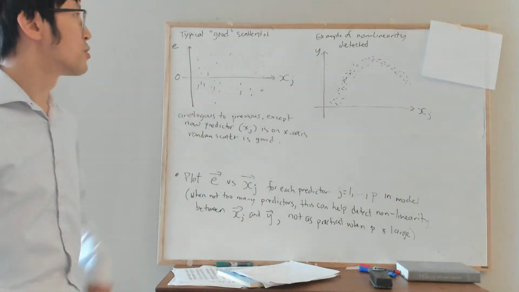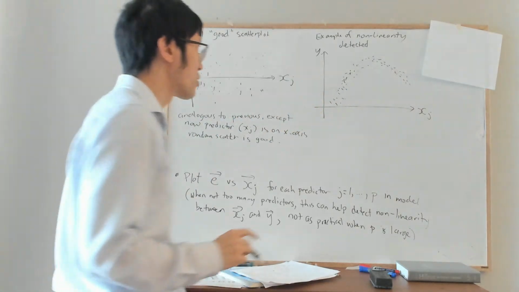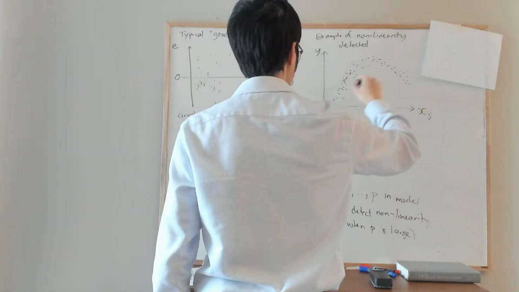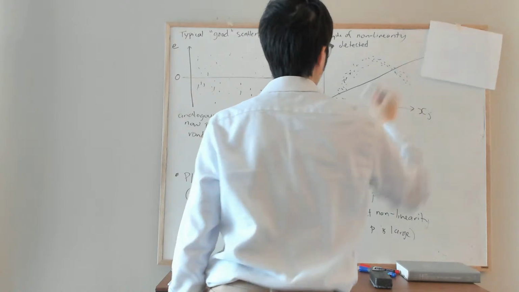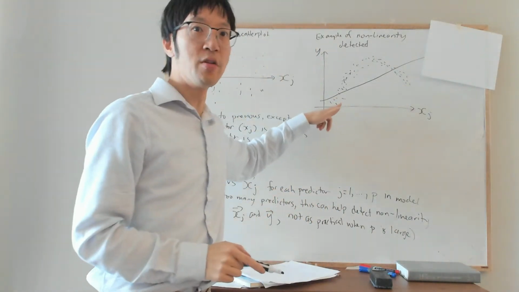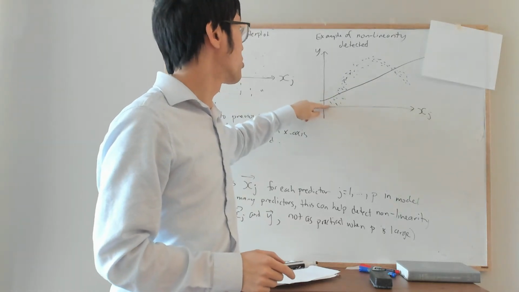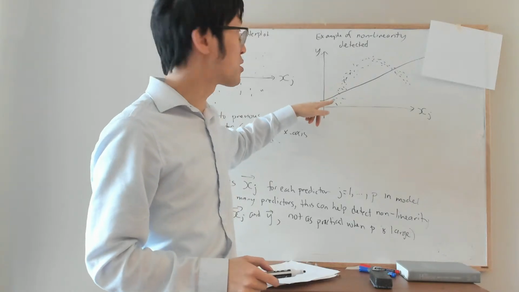You see there is a relationship between x and y here, but it's not linear. If you fit the regression line, it might look something like this. In this nonlinear relationship, if you look at the residual, the difference between the points and this fitted regression line, there's going to be a systematic pattern.